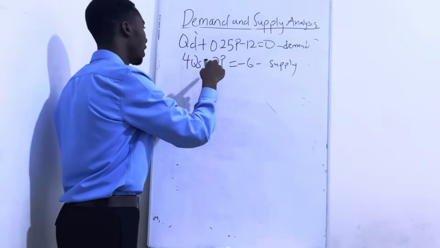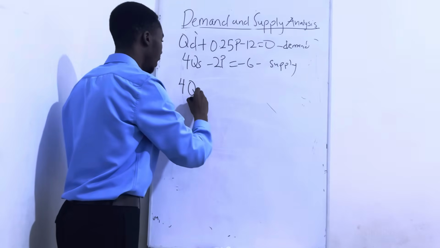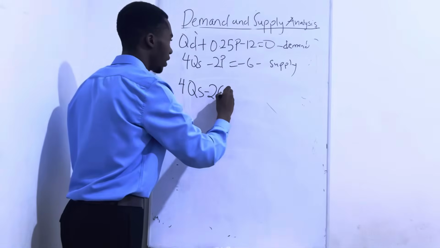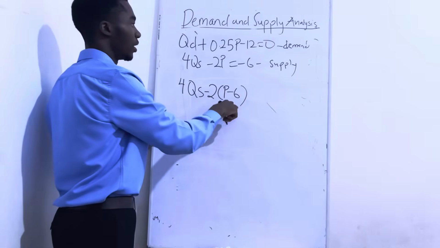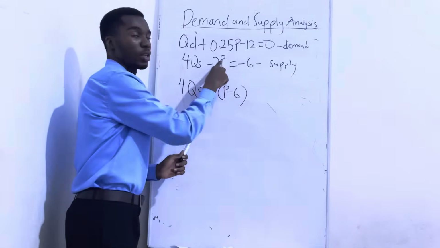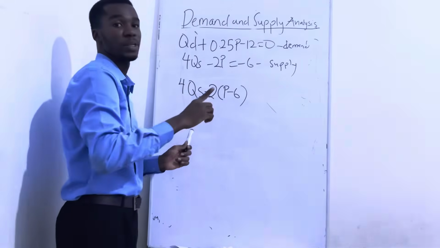So our new supply equation will no more be this. It will be 4QS minus 2 into brackets P minus 6. So this is our new price, not P. You subtract the 6 from the P here. You get it? So if here was negative 3P, it would be negative 3 into brackets P minus 6.